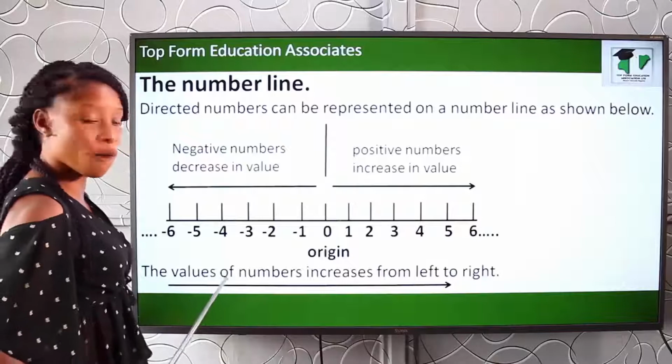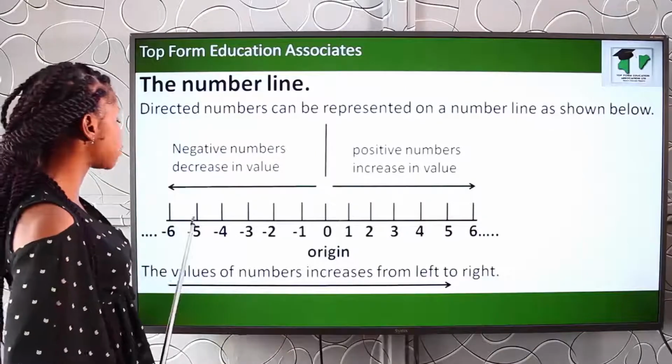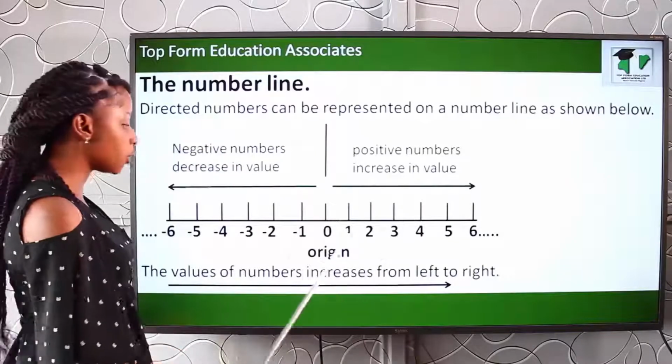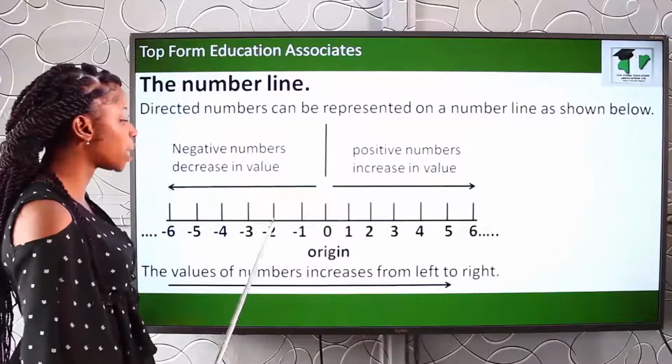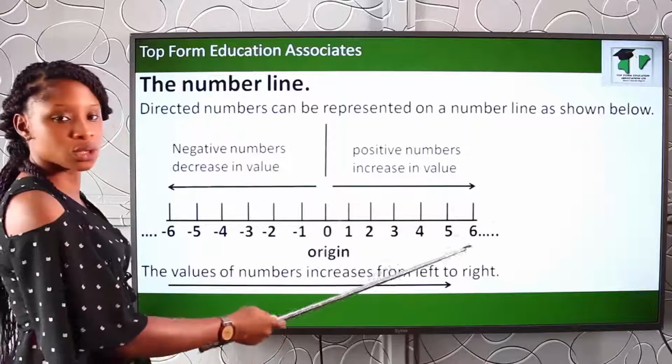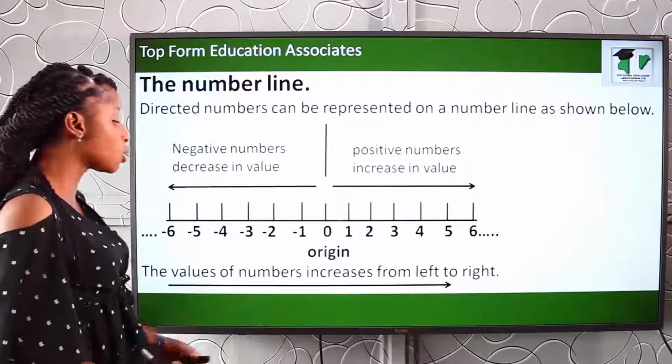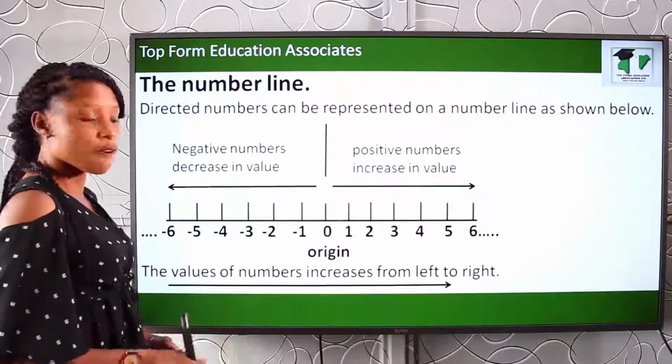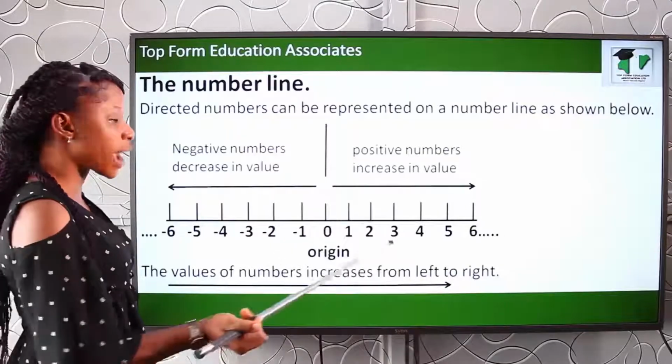The values of numbers increase from left to right. If you look at this, you see that the numbers increase from -2 to -1 to 0 to 1 to 2, 3, 4, and so on. So the value of numbers increases from left to right.